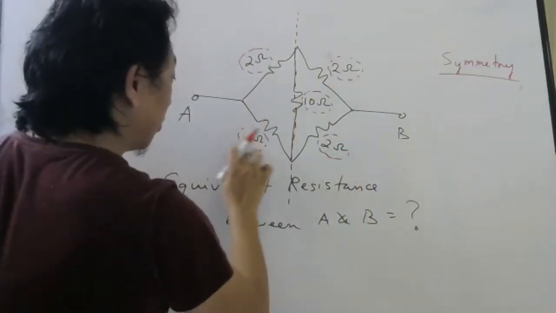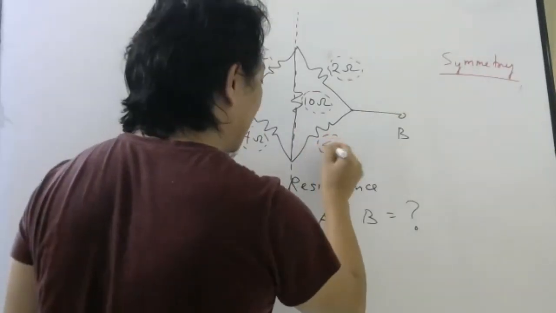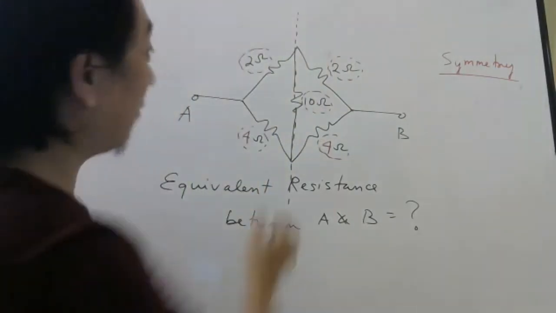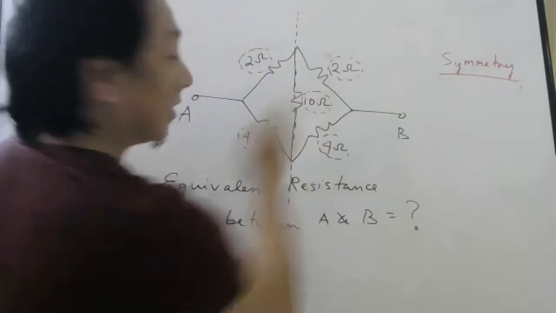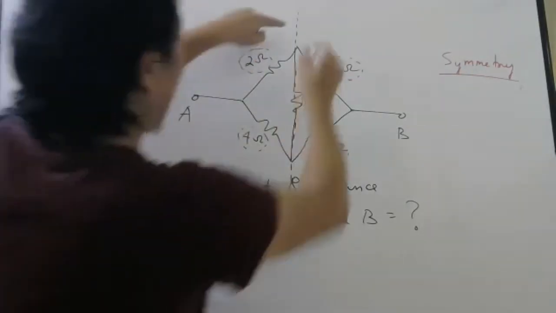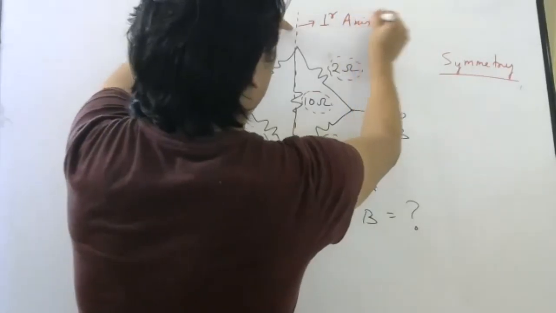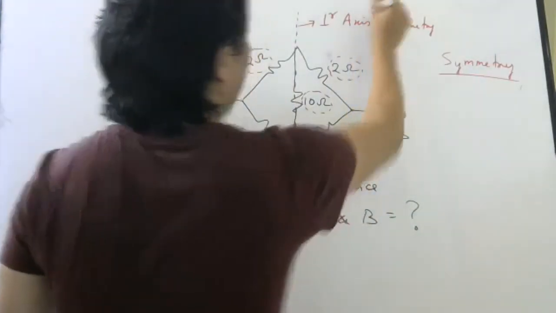Even if this was 4 and this is 4, no problem. It is still symmetrical. So if you draw this line and it looks symmetrical, then we say this is the perpendicular axis of symmetry.